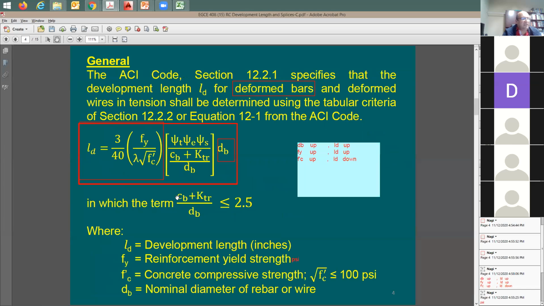You do the analysis for (C_b + K_tr) divided by d_b. Now it turns out to be 3. What value do you use for this term? Denominator. It's going to be 2.5. This concept of having a cap or a limit in the ACI code, you're going to see it more than once. So get used to it.